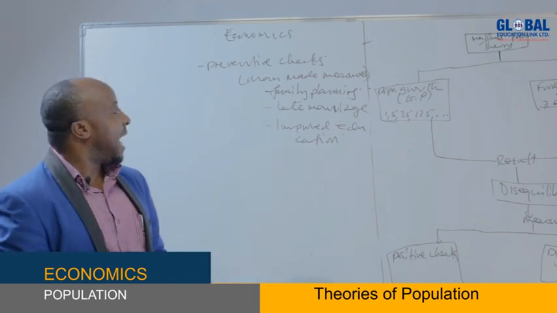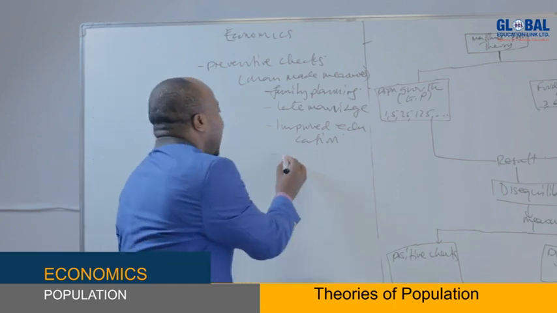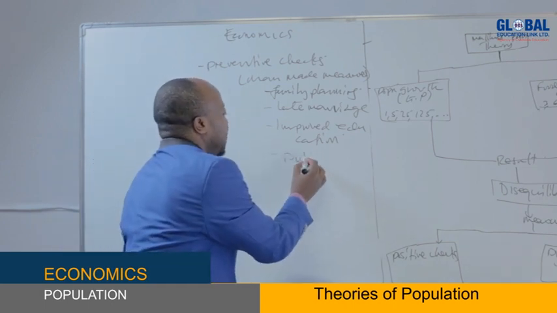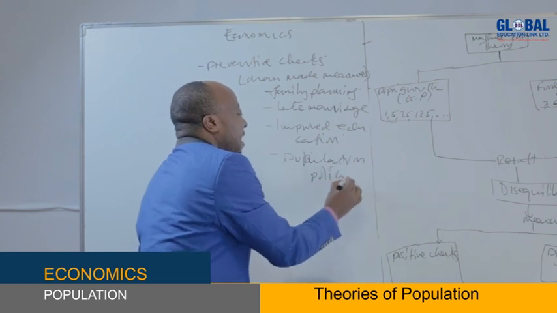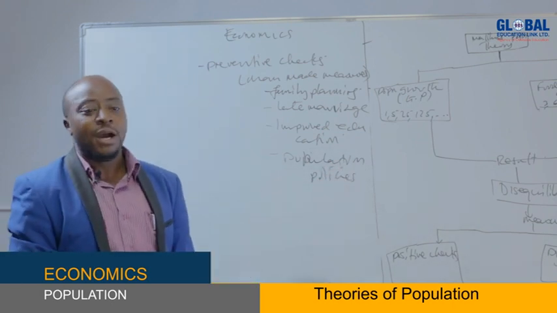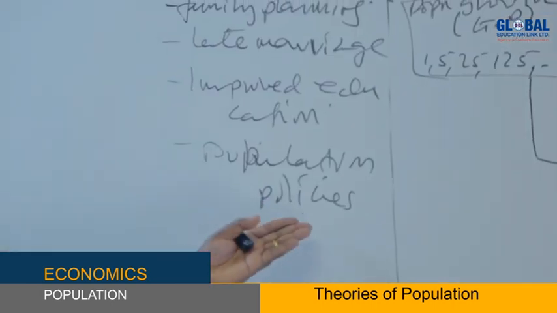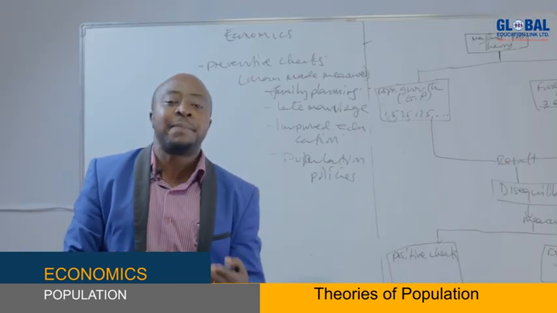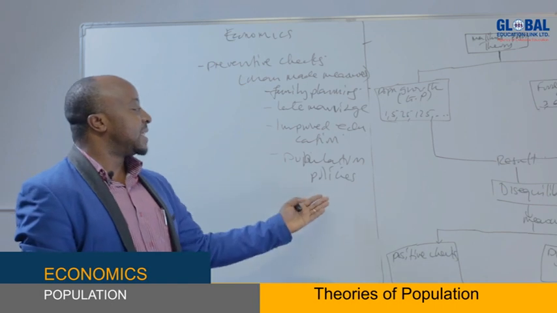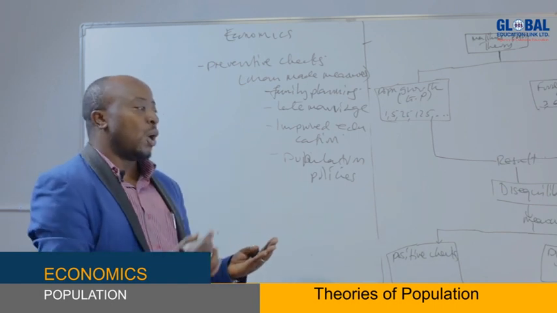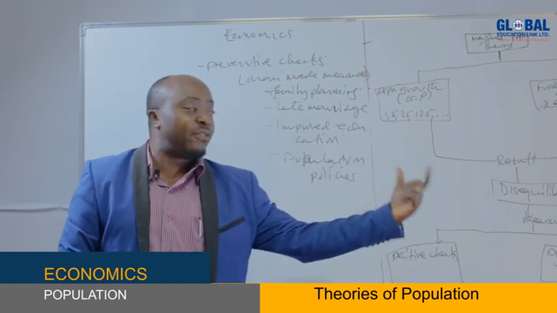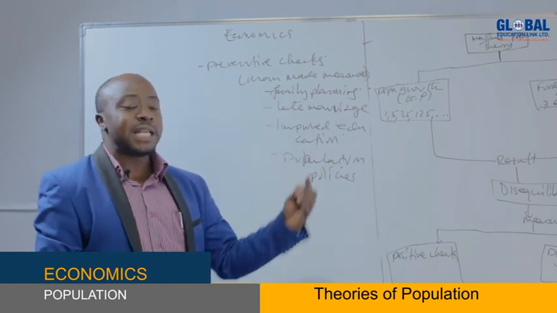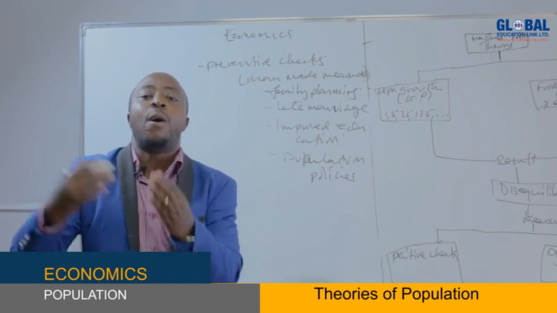For example, another one is population policy. If we remember, there are many countries in the world which have introduced different population policies, including even the Tanzanian population policy. This policy aims to control or affect population factors like birth, death, or migration.